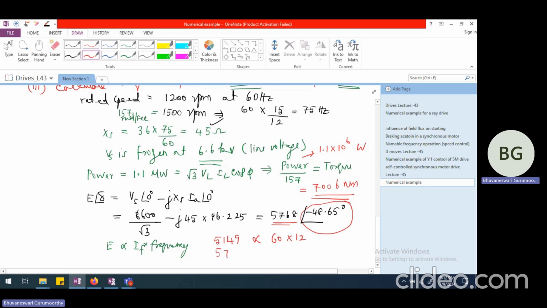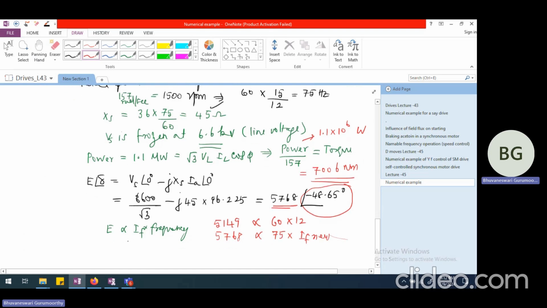Now 5768 is proportional to 75 hertz, and what is the IF new value? This is what we'll have to calculate. So we use 75 multiplied by IF new divided by 60 multiplied by 12 equal to 5768 divided by 5149.